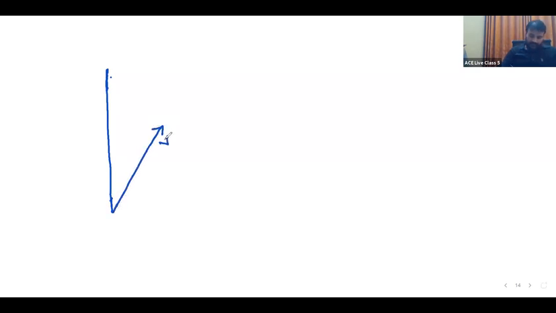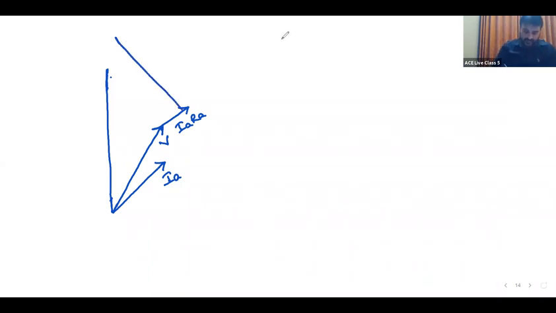This is E. This is V. And this is IA. IARA, and this is IAXES. IAXES is perpendicular to IA.